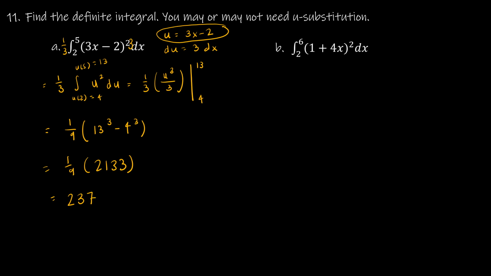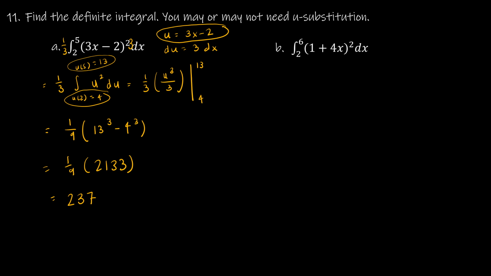Now, you might be asking yourself, well, do I have to plug in u of 2? You don't have to. You can plug back in the 3x minus 2 for u. Just make sure that you're not sloppy with whatever you're writing for your limits of integration. If you write it as u, you need to change the limits of integration with respect to u.